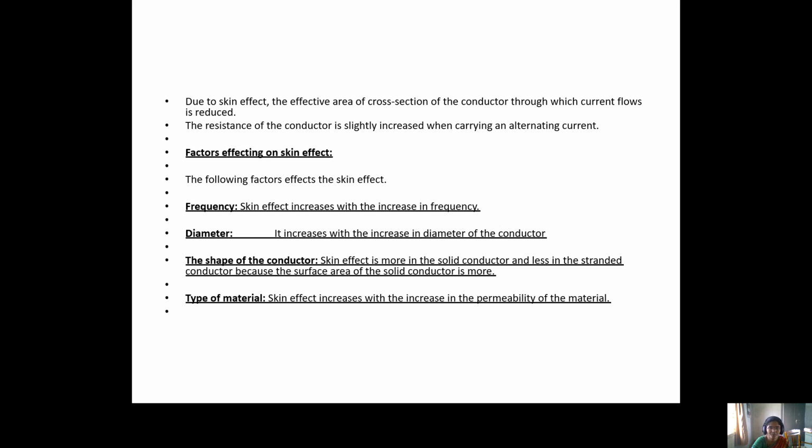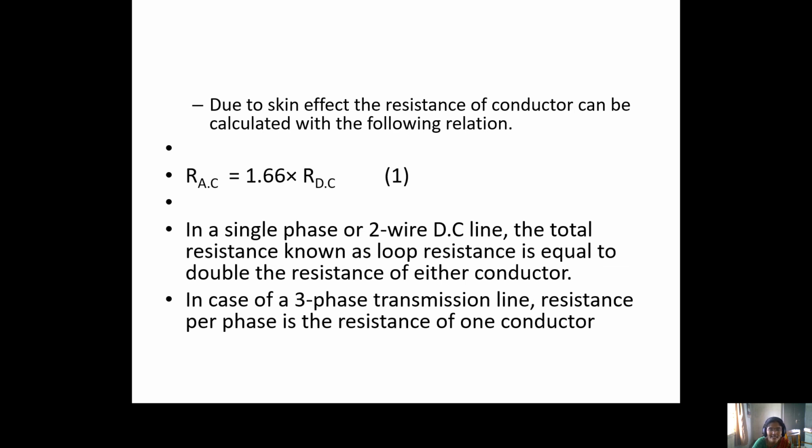Due to skin effect, the resistance of the conductor can be calculated with the following relation: RAC equals 1.66 into RDC. RDC is the resistance of the DC transmission line, and RAC is the resistance of the AC transmission line.